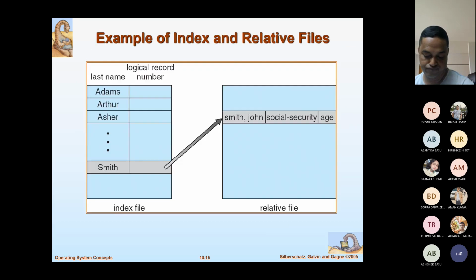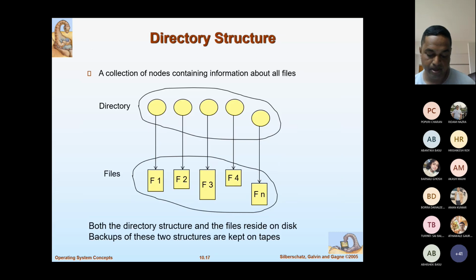Organization. Okay. Now you have directory structure. As I told you at the beginning, directory structure is analogous to the shelf you have in your house. You have a big shelf that you share with your sister or brother.